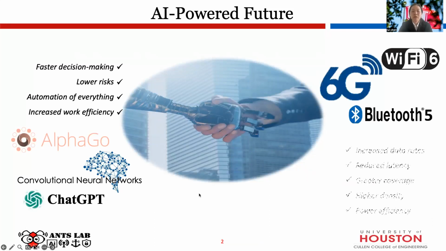At the same time, we also have rapidly developing wireless technologies such as Wi-Fi 5, Wi-Fi 6, and the future 6G to provide ultra-high speed for data transmission and support ubiquitous device connectivity.